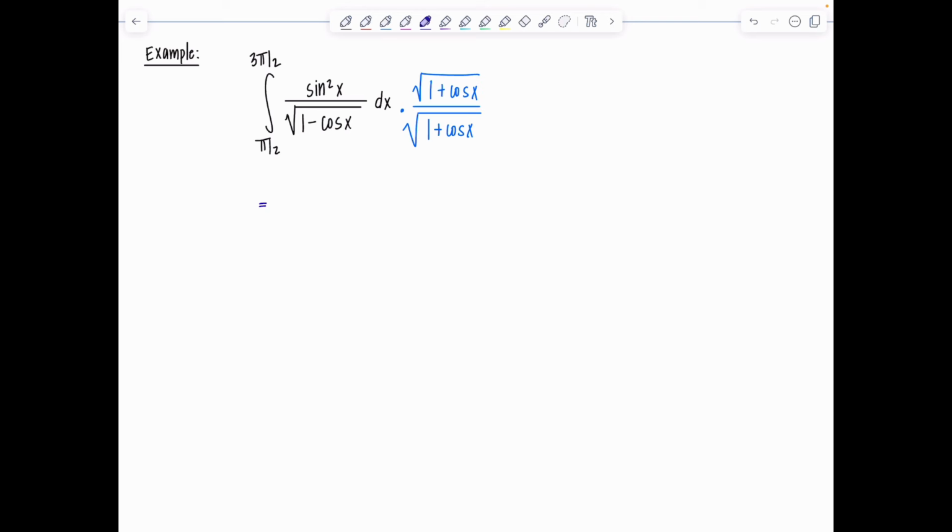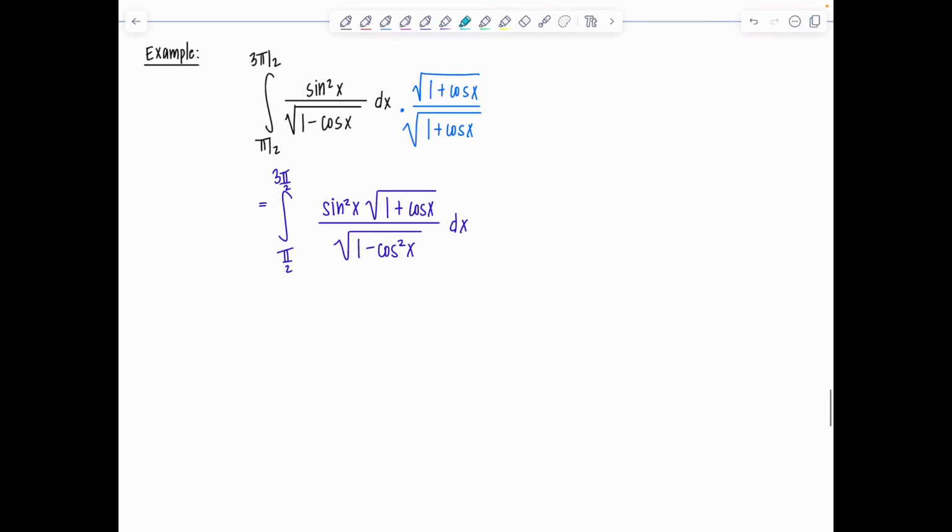So now we have integral pi over 2 to 3 pi over 2, sine squared x radical 1 plus cosine x over the square root of, that is just the ugliest square root I've seen in a while. My apologies. 1 minus cosine squared x dx.